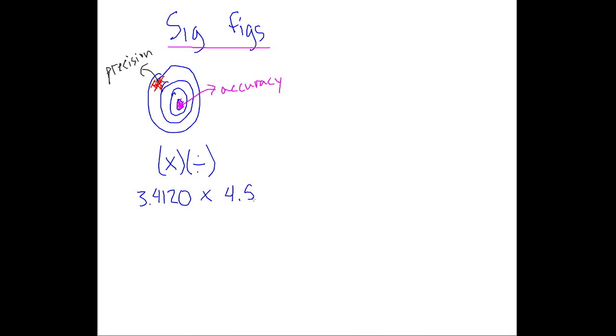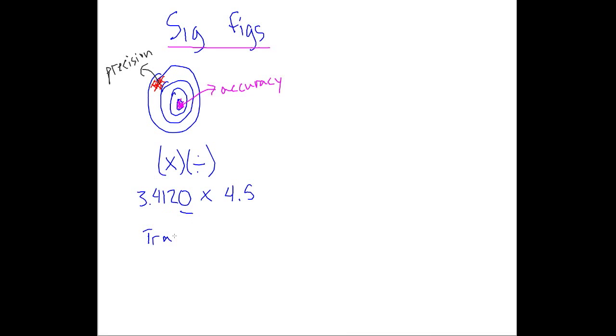Now, it's important to know what numbers are significant and what numbers aren't. Any number that is not 0, so 1, 2, 3, 4, 5, 6, 7, 8, 9, is significant. Now, what gets tricky are your zeros.